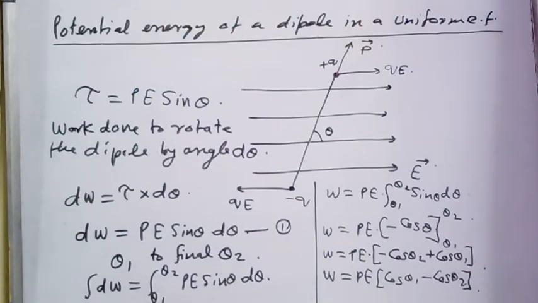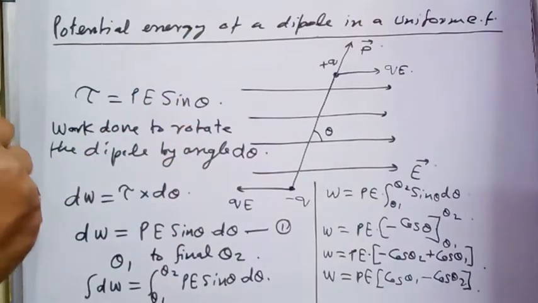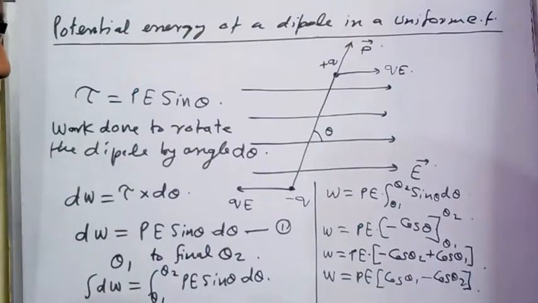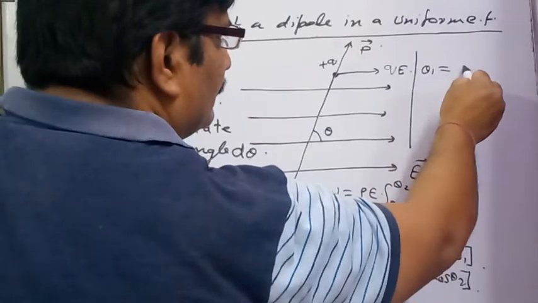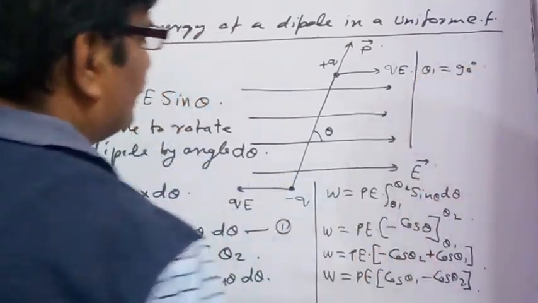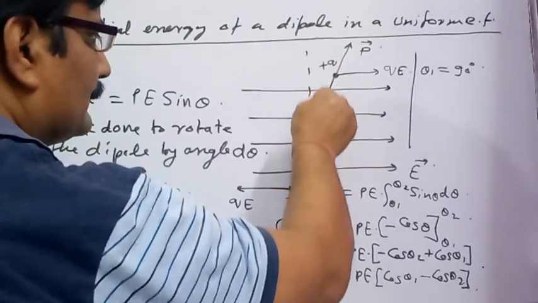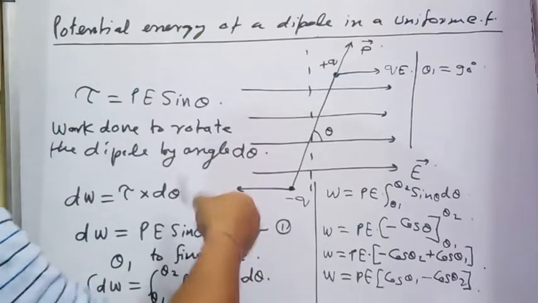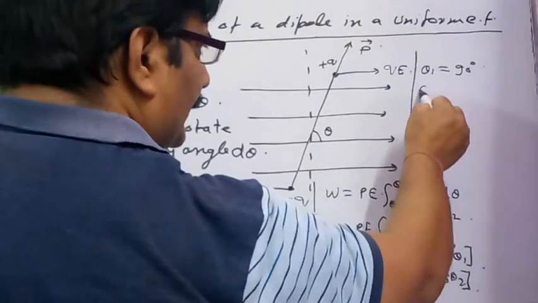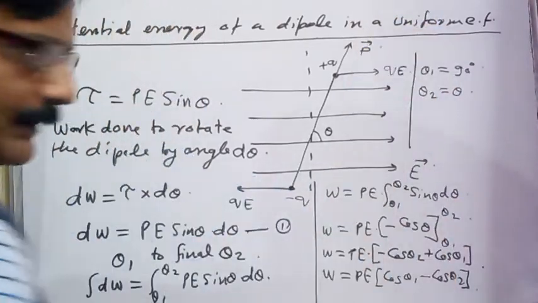Suppose the initial position of the dipole is theta 1 equals 90 degrees, means the dipole is initially placed perpendicular to the direction of the electric field, and the dipole is to be rotated finally by an angle theta 2 equals theta.